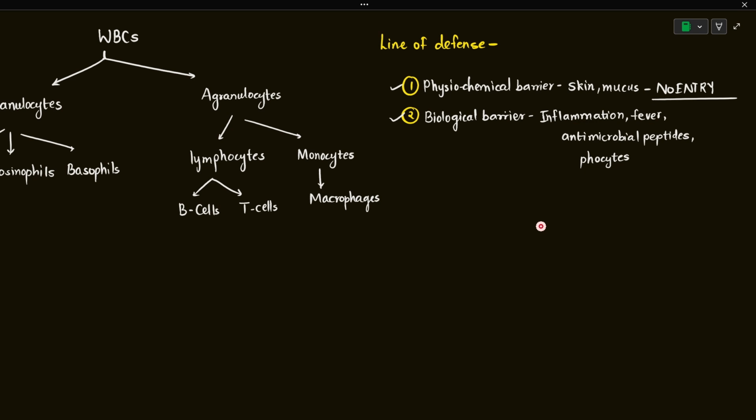Okay, so what happens is that first a localized response will be observed by our body, and that localized response is inflammation. Inflammation is basically the swelling, pain and heat caused in that particular area due to the release of inflammatory mediators. We will have a separate lecture about inflammation, the signs of inflammation, and how inflammation is caused.